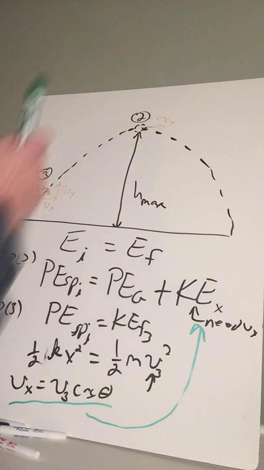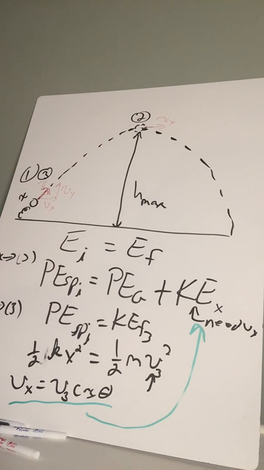At this point up here, it is still moving in the x-axis, so that kinetic energy must be kept. The key is, what velocity do we use? We only use the x component of velocity at max. That is how we deal with projectile motion problems.